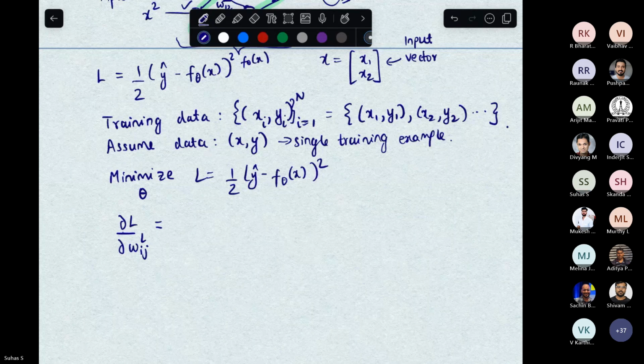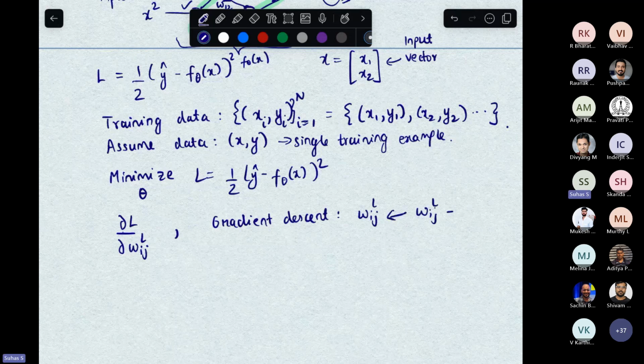and what we do is we compute this derivative and then we do something known as gradient descent, which is any weight Wij of L is updated as Wij of L minus some weight alpha times this derivative, and this is known as back propagation.